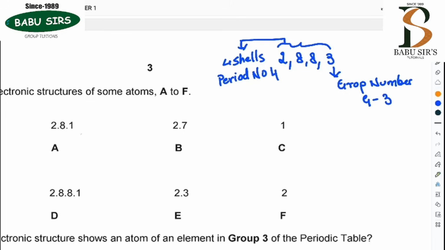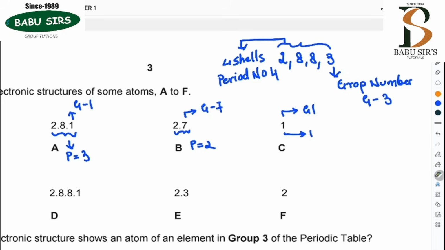So here you can see in the last it is 1. So this is group 1. There are 3 shells. So it is period number 3. Here there are 2 shells. It is period number 2. Last it is 7. So it is group 7. Here it is group 1.